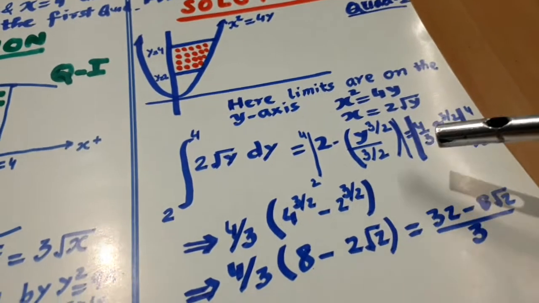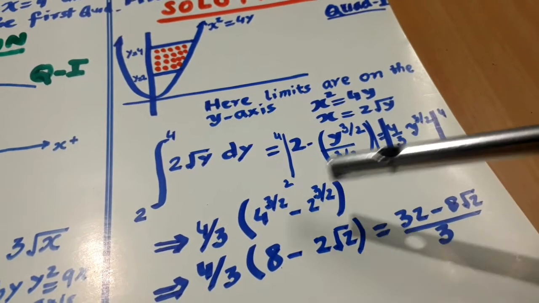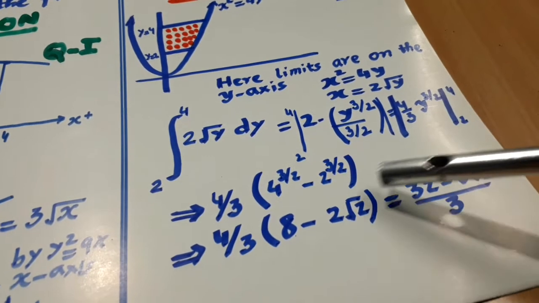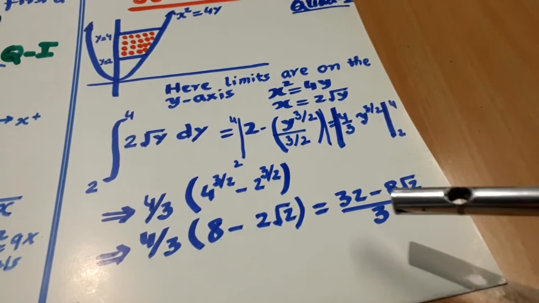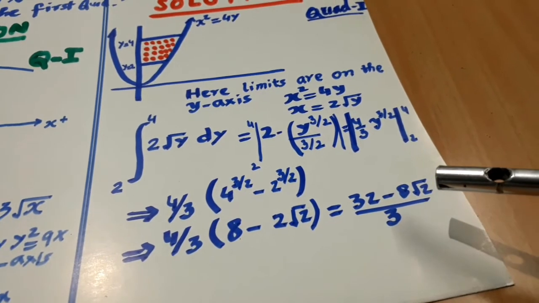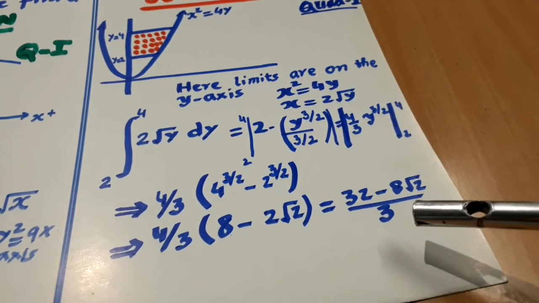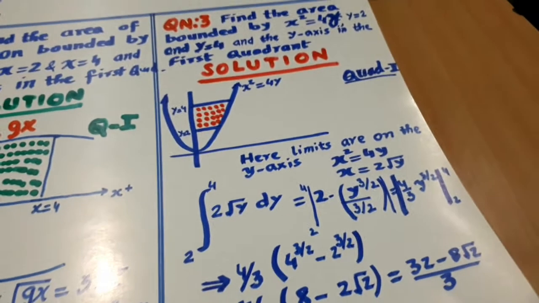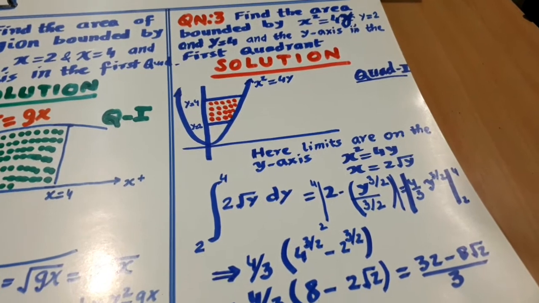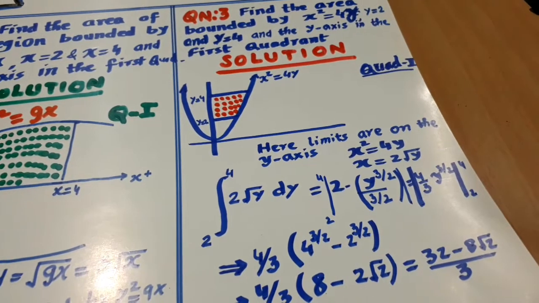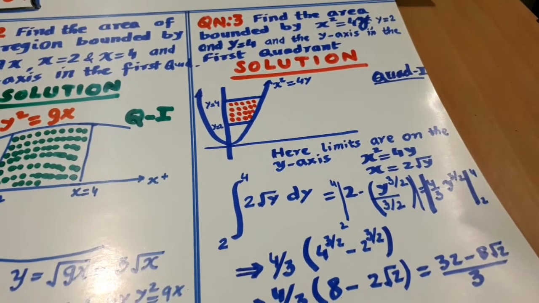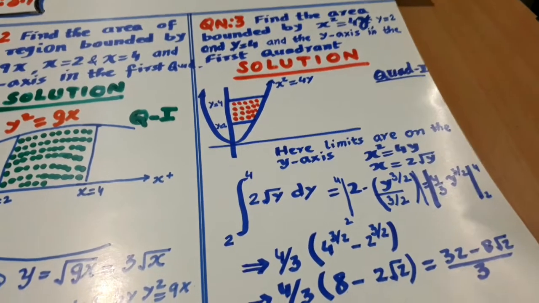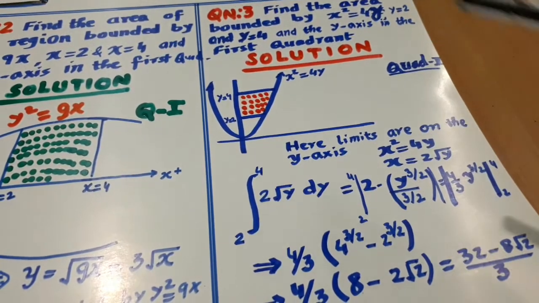On substituting this, we will get the integral from 2 to 4 of 2 y raised to power 3 by 2 over 3 by 2, and on substitution you will get the answer 32 minus 8 root 2 over 3. This is the answer. Very simple. Either you have to write y dx or you have to write x dy. When you are writing y dx, you take the limits on the x-axis. When you are writing x dy, you take the limits on the y-axis.